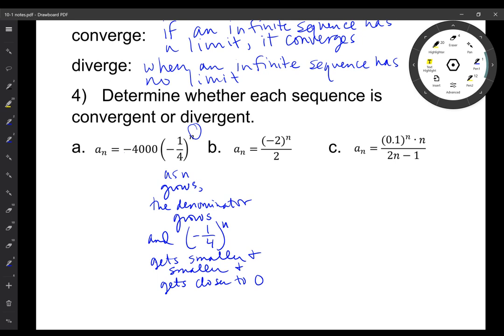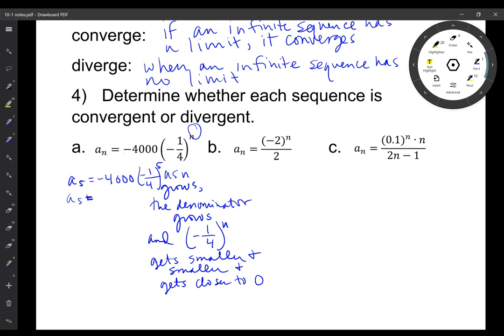And then let's say we found A5 or A6, just for fun. A5 would be negative 4,000 times negative 1/4 to the 5th power. It's going to end up being positive.